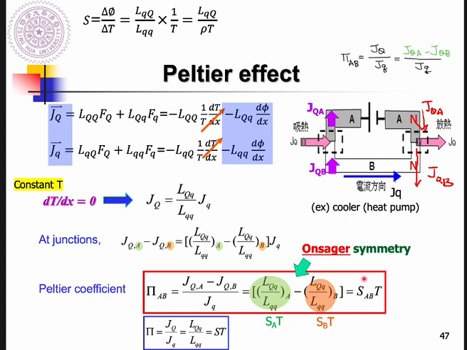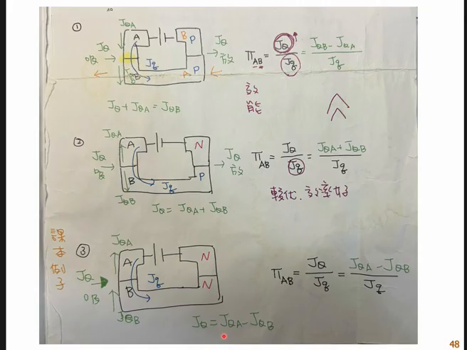You need to pick the largest SAB, which means that SA minus SB should be largest. And one more thing: don't forget that we use A and B materials combined together, but each material also has its own Peltier coefficient equal to its Seebeck coefficient times the temperature. Don't forget that.